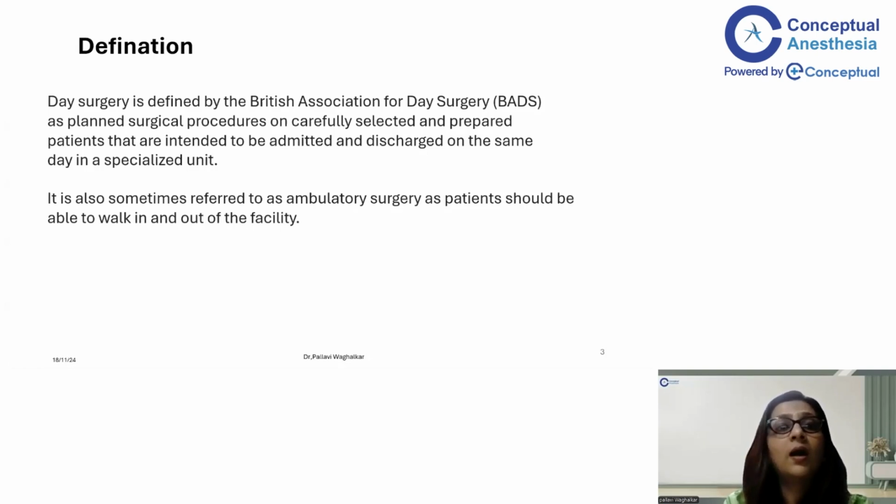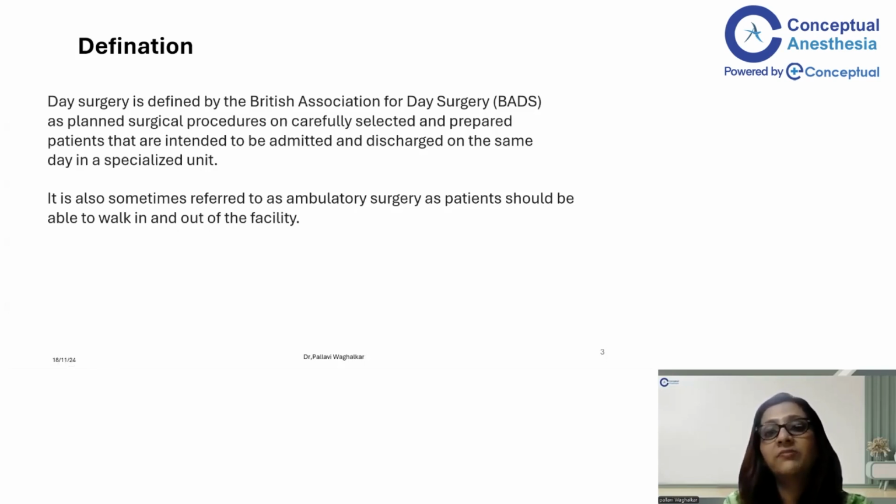It is sometimes also referred to as ambulatory surgery, as the patient will be able to walk in and out of the facility. So that's why it is also called ambulatory surgery.